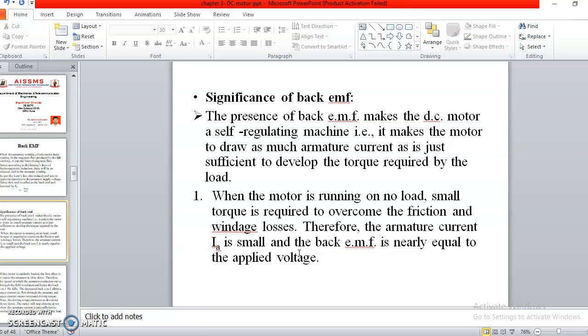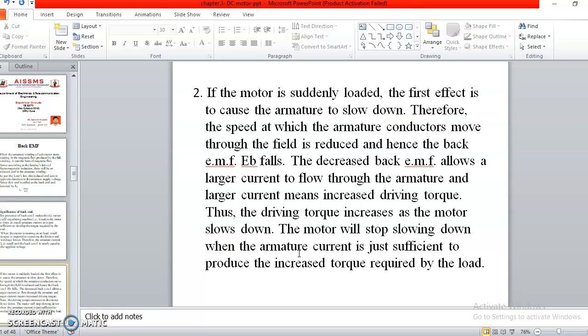When the motor is running on no load, a small torque is required to overcome the friction and windage losses. Therefore, in this case, armature current IA is small, and the back EMF is nearly equal to the applied voltage. If the motor is suddenly loaded, the first effect is to cause the armature to slow down. Therefore, the speed at which the armature conductor moves through the field is reduced, and hence the back EMF EB is also reduced.